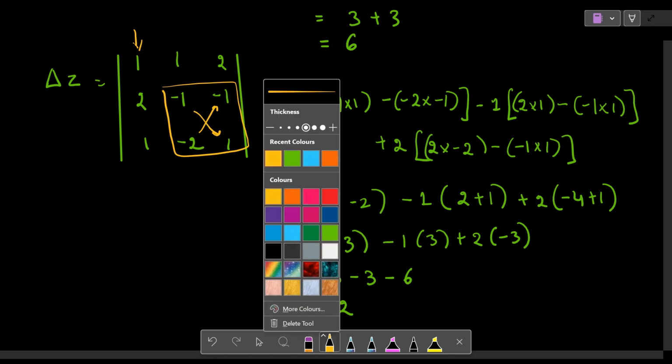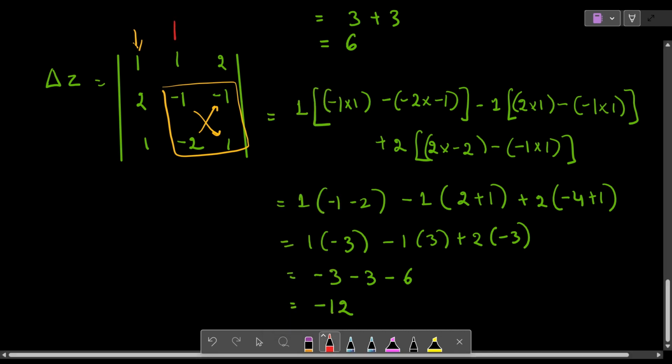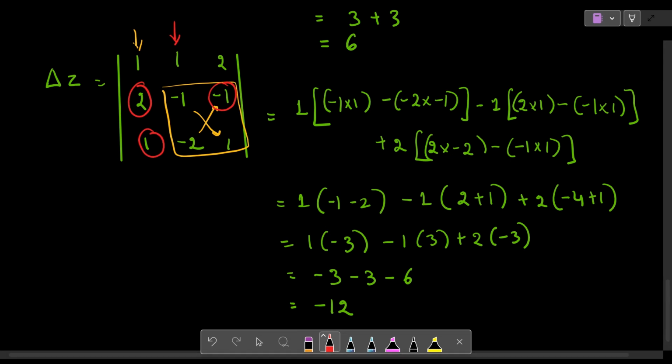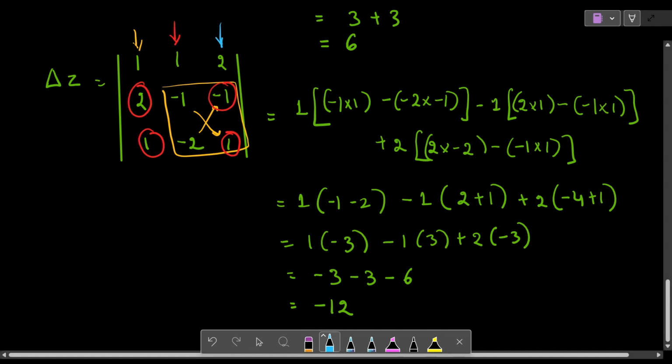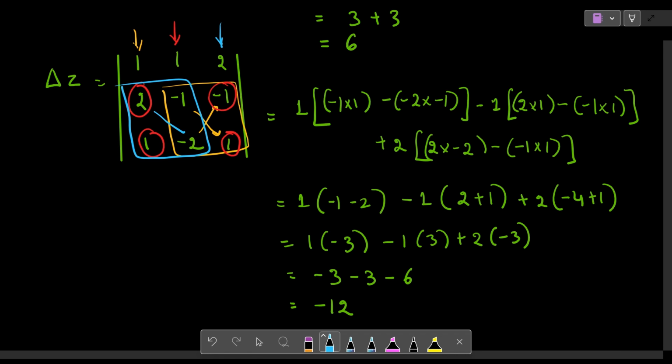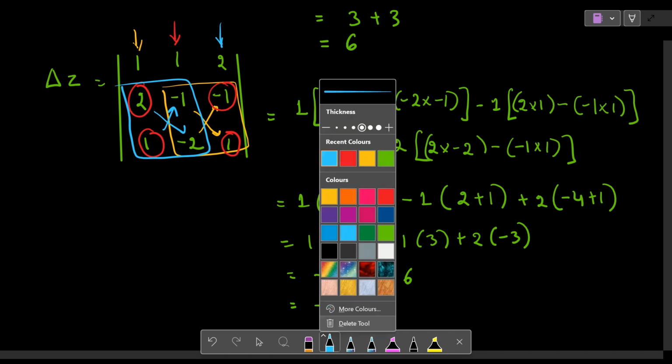Next, along with signs, if you take this minus 1, then you have to take these 4 and do cross multiplication. Understood, students? Next, if you take plus 2, then you have to take this 2 by 2 matrix and do cross multiplication. Very easy now, students. Don't get confused. Very easy.